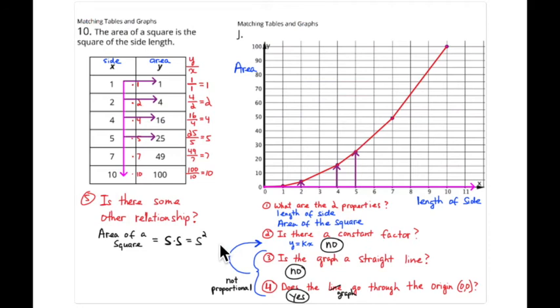So rather than a proportional relationship, this relationship is called an exponential. The exponent is the 2. So this is an exponential relationship. All right, interesting relationship. We'll have lots more to say about that, especially next year in 8th grade.